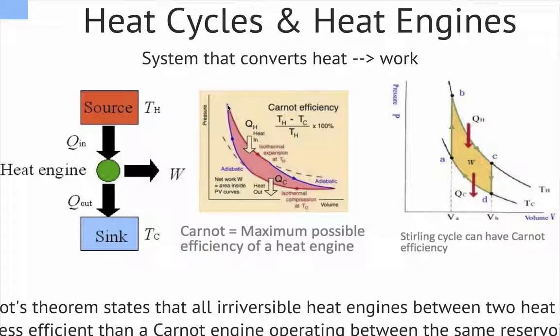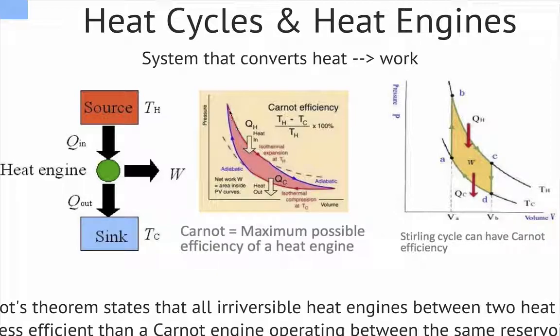So let's start at this point of the cycle. This is a point where, let's say, the working material, which can be a gas, for instance, is at a low volume, so it's compressed, at very high pressure, and it's allowed to expand. This red curve represents an isothermal expansion.